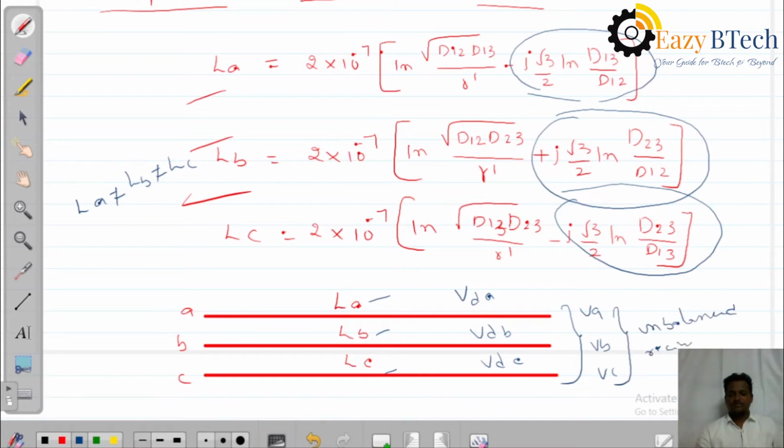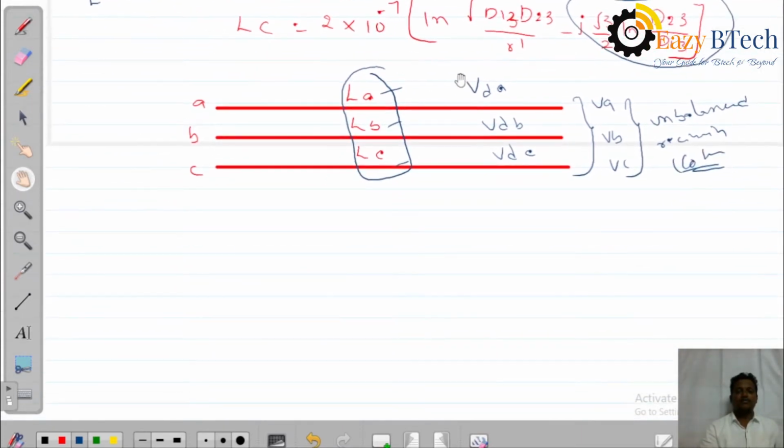It is not good for the transmission system. We have to make LA equal to LB equal to LC. How can we make LA equal to LB equal to LC? With the help of transposition.